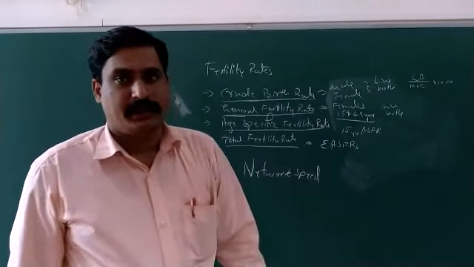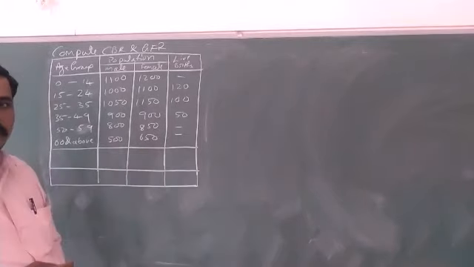Dear students, in today's class we learn how to calculate CBR and GFR, that is crude birth rate and general fertility rate. So here we have a problem. Age groups from 0 up to 59 and 60 and above are given here, and male population, female population and live births are given.